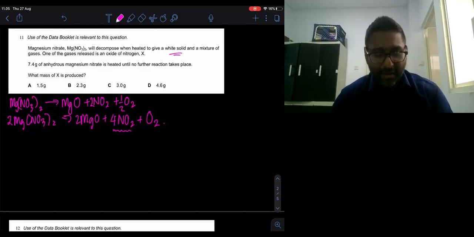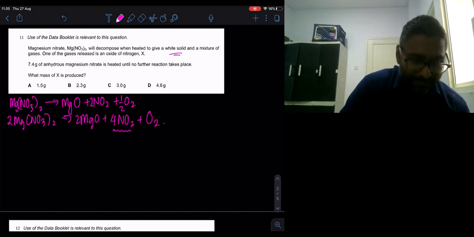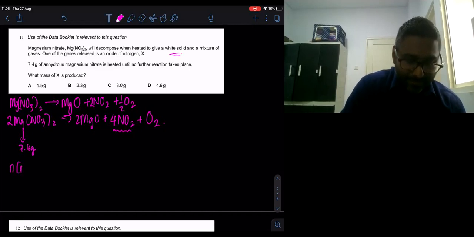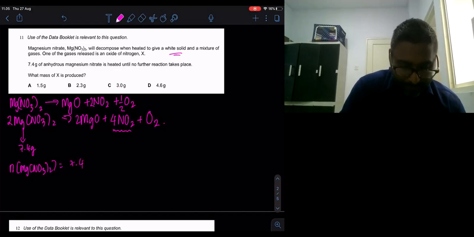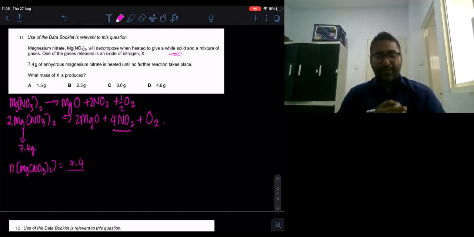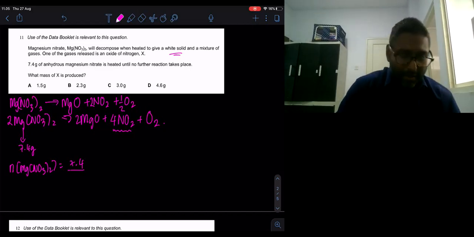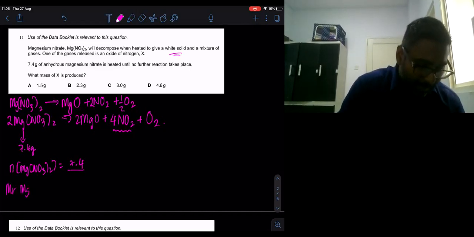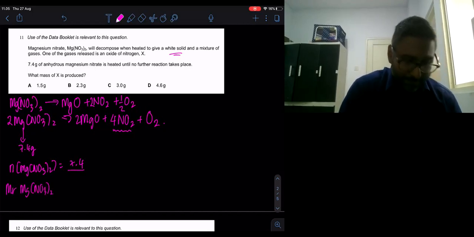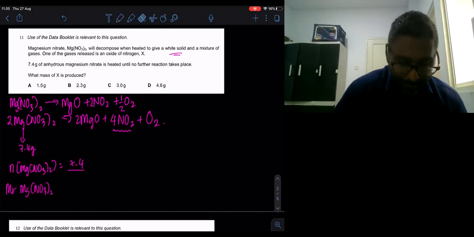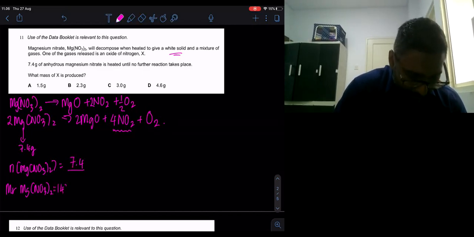Then they ask you to find the mass of X. So if this one is 7.4 gram, please find out the number of moles of magnesium nitrate first. 7.4 divided by MR. Please someone calculate for me the MR of Mg(NO3)2. 148.3. So it's divided by 148.3.